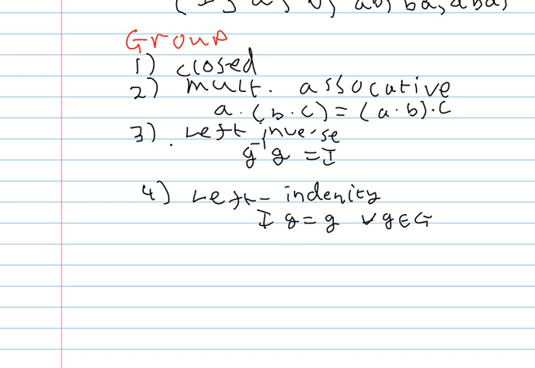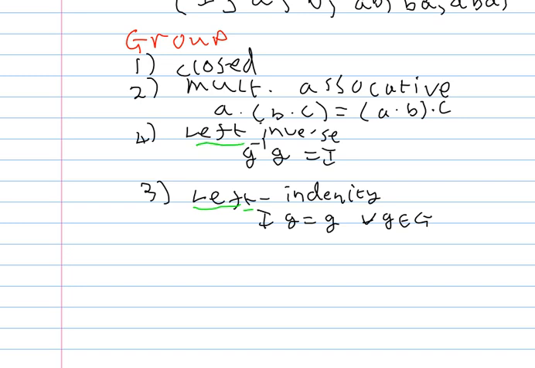So technically this should probably be 3 if I'm being really fussy about this, and the inverse requirement a 4, because it relies on the fact that you have the identity. Now you'll notice that I have put left identity and left inverse.